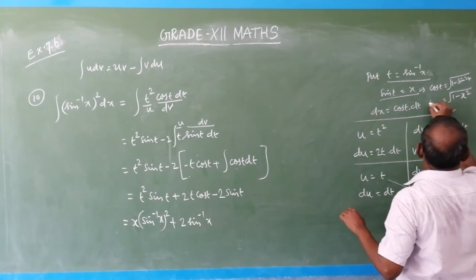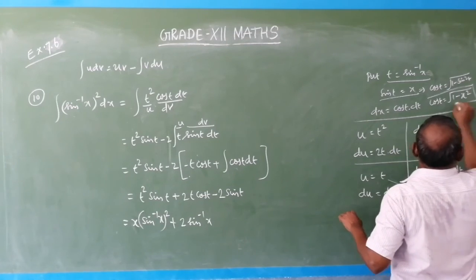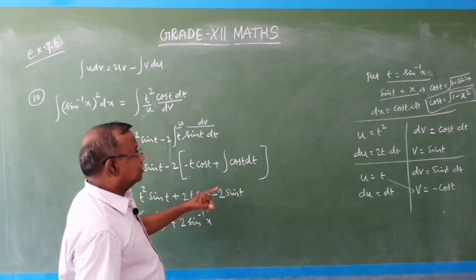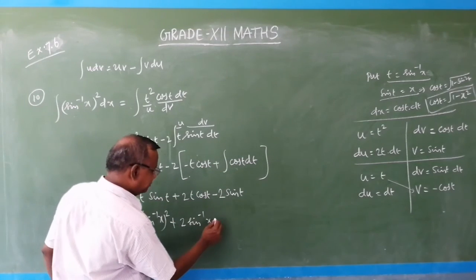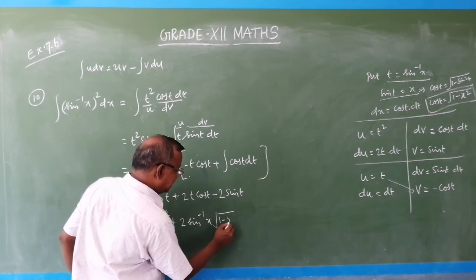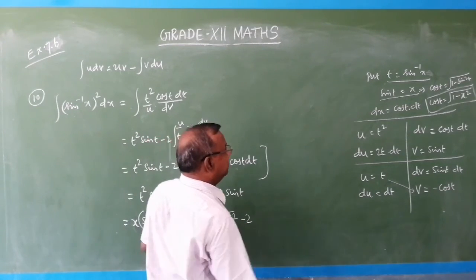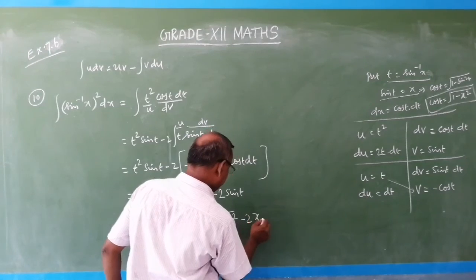So, cos t is nothing but root of 1 minus x square. So, t means sin inverse of x and cos t means root of 1 minus x square. So, minus 2 into sin t means x.